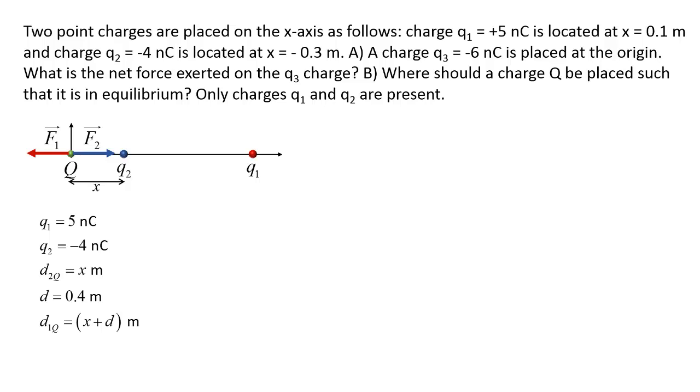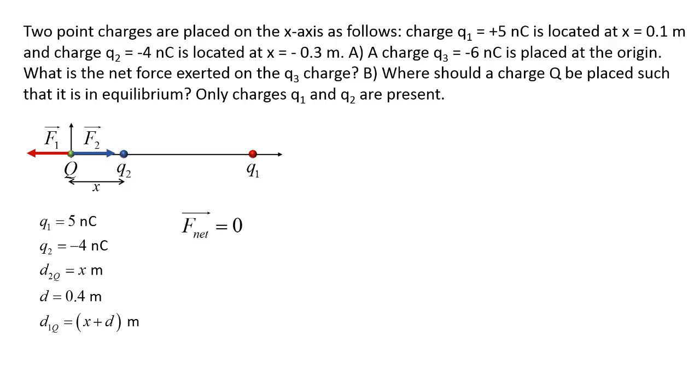The charge 1, charge 2, the distance between charge 2 and charge Q, which is x meters, the distance between the two charges 1 and 2, which is 0.4 meters, and the distance from charge 1 to charge Q will be x plus d. Now, in order for charge Q to be in equilibrium, the net force acting on it has to be zero.